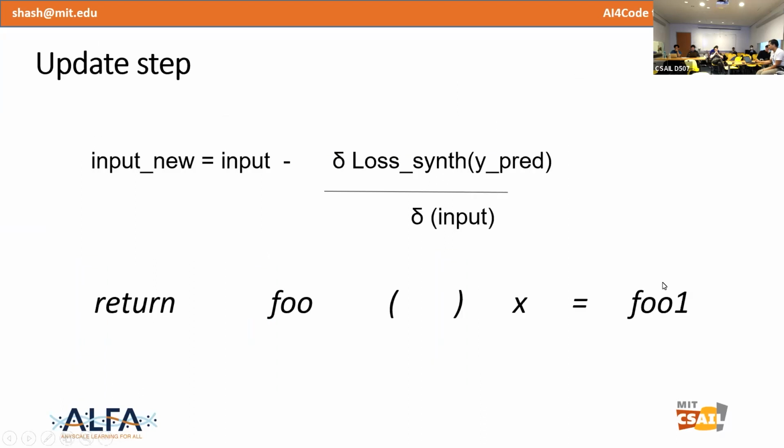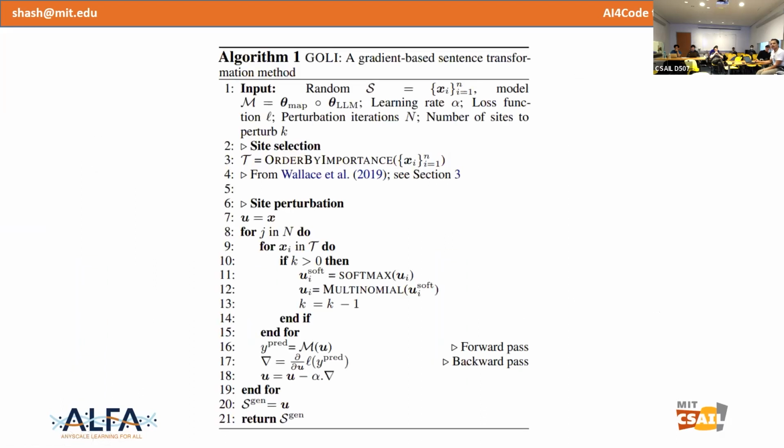So if you've understood this, this algorithm over here is essentially exactly what I described. It's got the whole site selection problem and the site perturbation problem. The site perturbation is what I've described. I won't go through this algorithm in detail. We'll probably go through the code itself, which relates to what's going on over here.